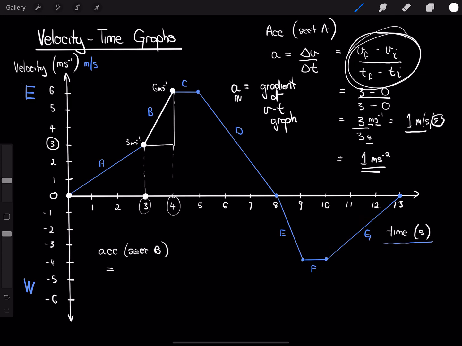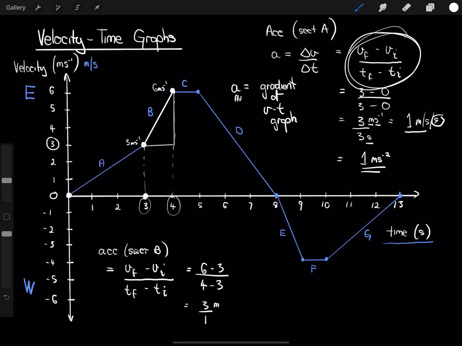is going to equal the final velocity take away the initial velocity divided by the final time take away the initial time. That's going to be 6 take away 3 divided by 4 take away 3, which is going to equal 3 over 1.